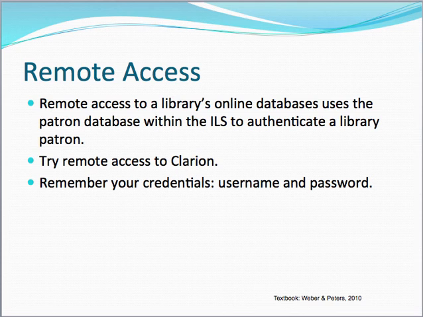Okay, and for this class, we're using an e-textbook that you are able to read online by accessing the library website. So remote access to a library's online databases uses a patron database within the ILS system to authenticate a library patron. So if you want to, for example, read the textbook that we're using for this class, or you want to read an article, you have to authenticate yourself by your username and your password.